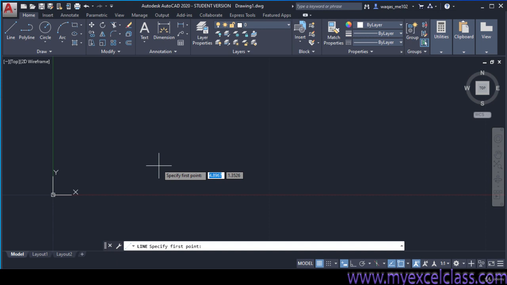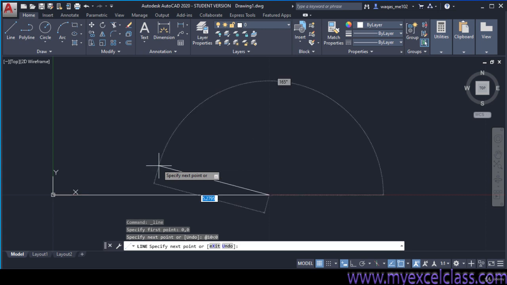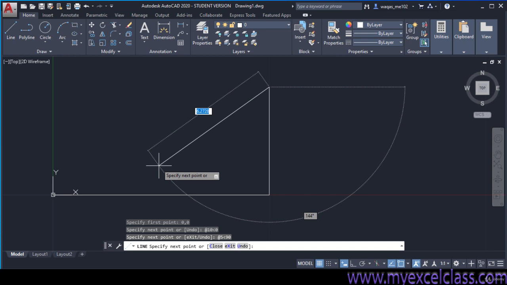So the first point will be 0,0, and the next point will be 10, angle of 0, and the next point will be 5 at the angle of 90, and what is the next point?